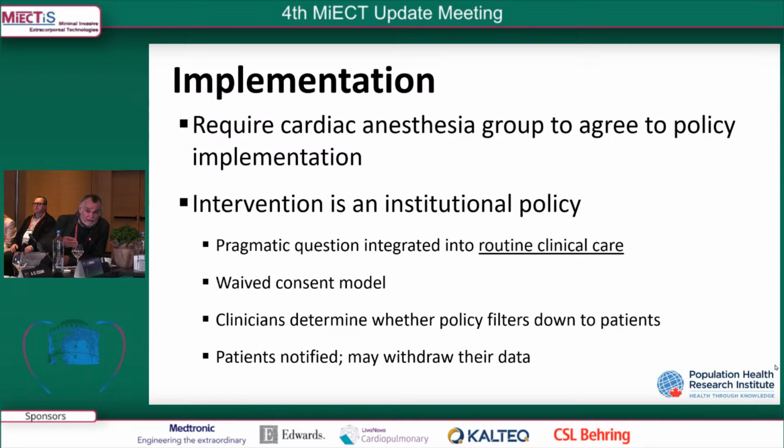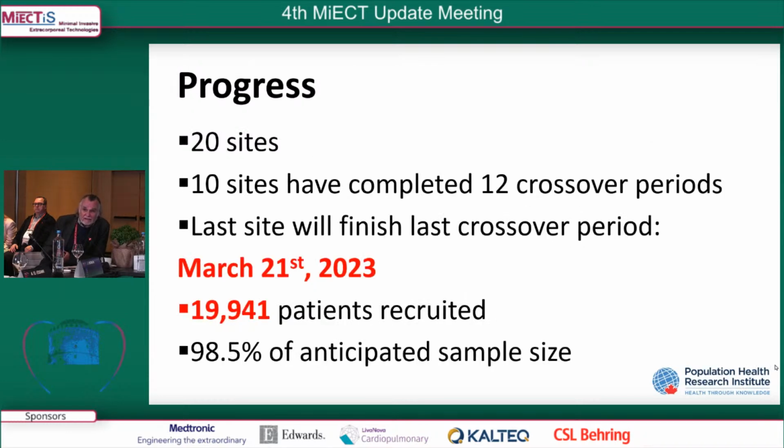So we didn't have to get specific patient consents to enroll them in this study, which greatly enhanced the recruitment and participation. So where we are currently, there were 20 sites in Canada, and so far we've recruited nearly 20,000 patients. So we've pretty much gotten to the anticipated sample size. And it's expected that we're starting to analyze the data.